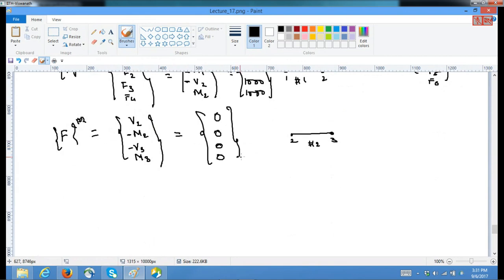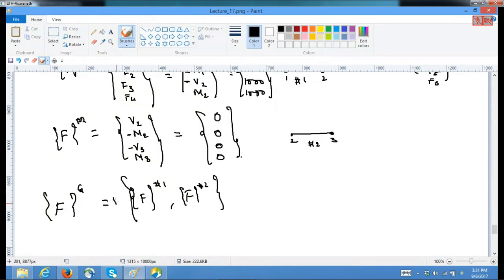So my F global is because of F at element 1 and F of element 2, a union of it.